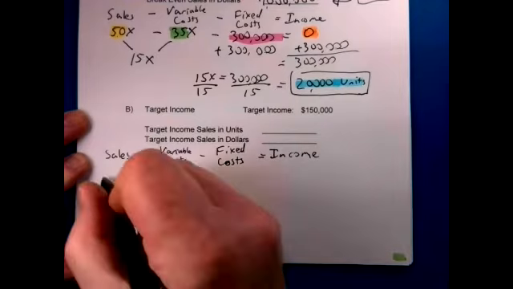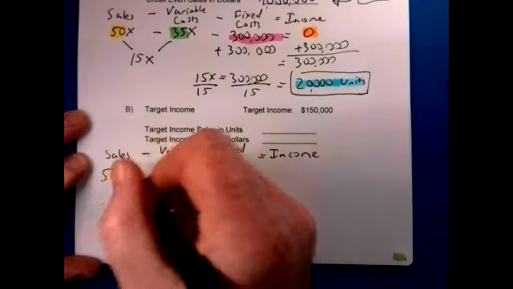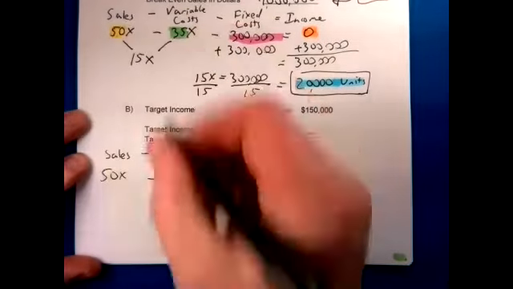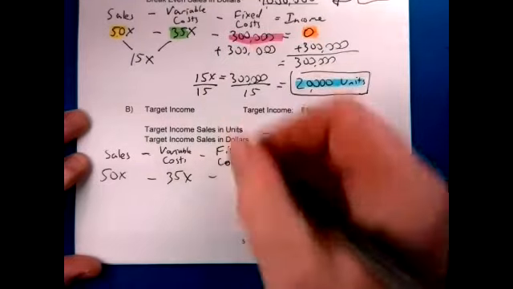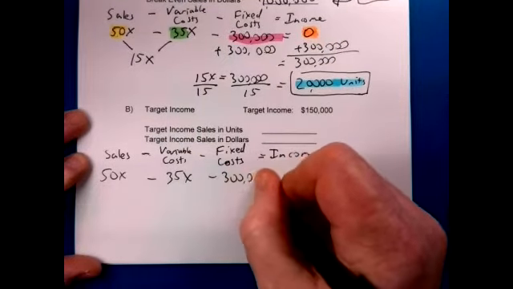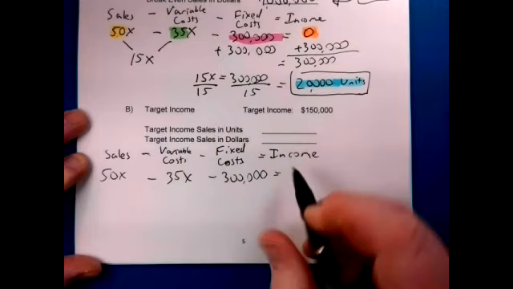So this will be exactly the same: 50X minus 35X minus 300,000. The only thing that changes is this.